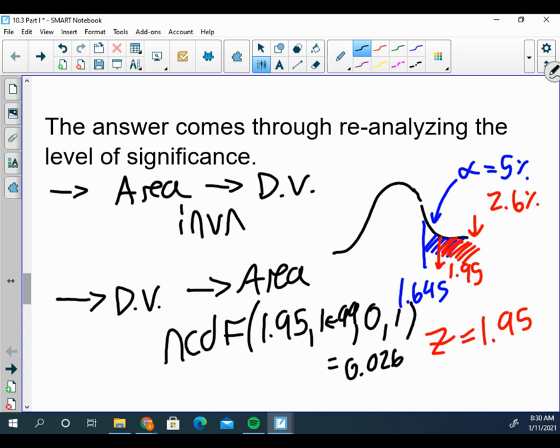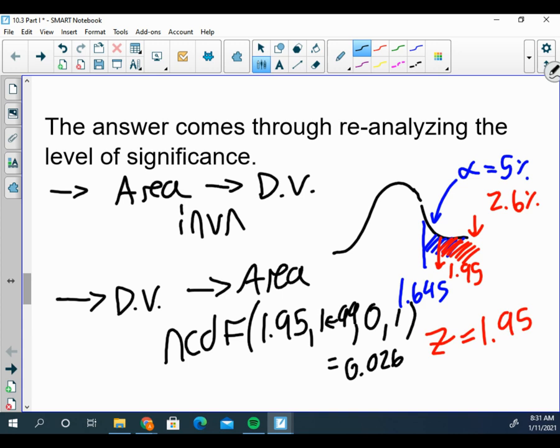Well, again, we can see visually with the 1.95, if I have a significance level of 5%, I'm going to reject the null. It's not a question. The 1.95, where my data value fell, is being rejected at a 5% level of significance. But what we can start thinking about is, how could I test this against any level?